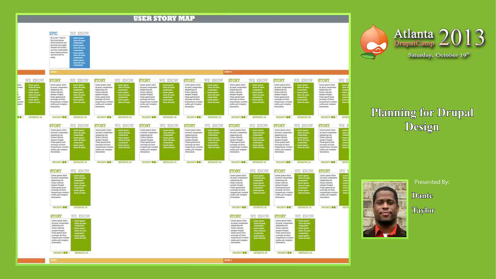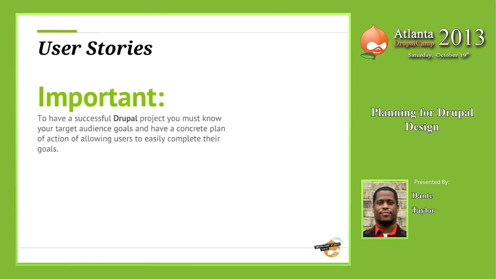I just randomly picked something on the internet and said, look, this is a really good example of how you can lay out a user story document. You really want to get detailed. So the important thing is, know your audience. Have a concrete plan to allow users to easily complete their goals. Pretty much.